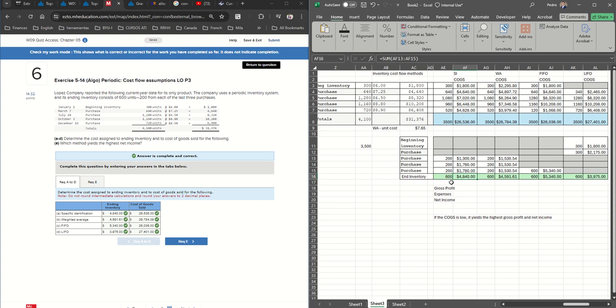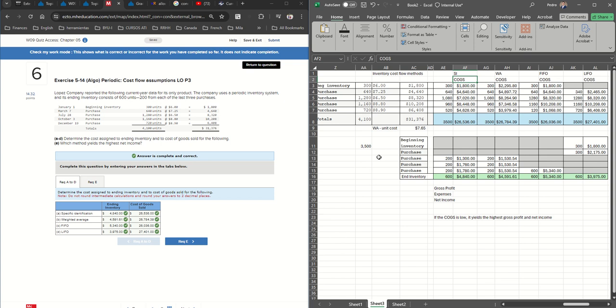After figuring that out, we have to find the COGS. And in this case, it is very important to get another data, which is the quantity of units that were sold.